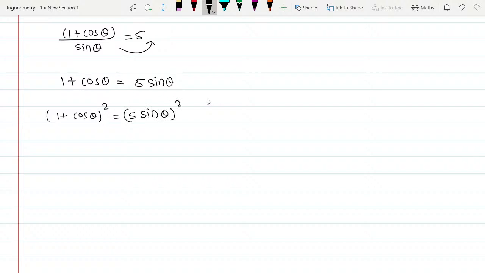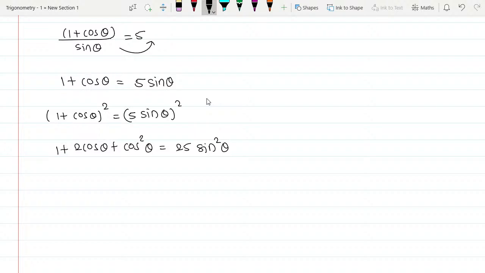So what will happen? 1 plus 2 cos theta plus cos square theta, which is equal to 25 into sin square theta. Now again the second thumb rule is: try to get a single variable. Either convert everything into cos or everything into sin.